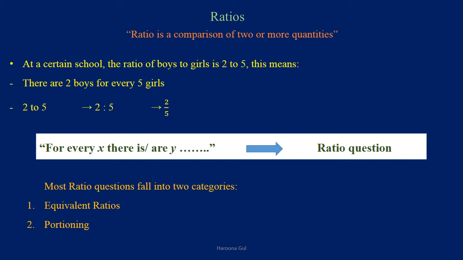Ratio questions basically revolve around statements like "for every x there are y." Most ratio questions fall into 2 categories: equivalent ratios and portioning. Let us discuss these 2 categories in detail.